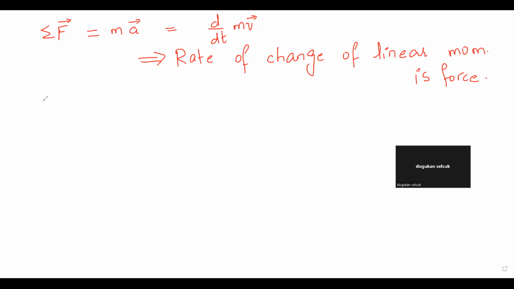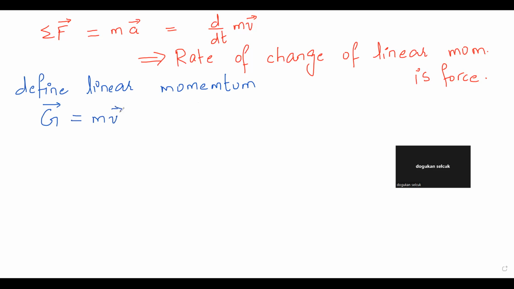Now, define linear momentum. Again, this also comes under the heading of kinetics, right? So the definition of linear momentum is G equal to mv.